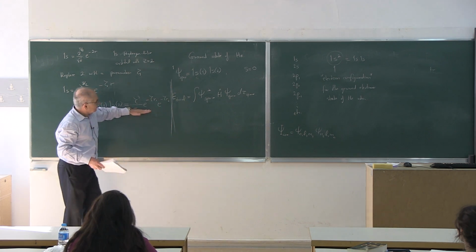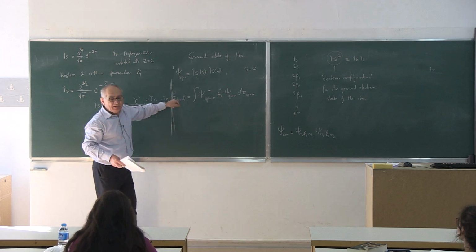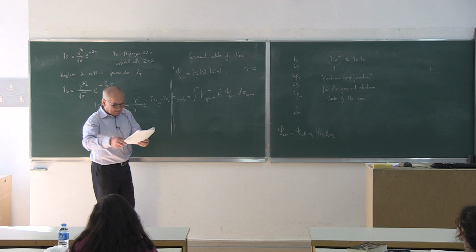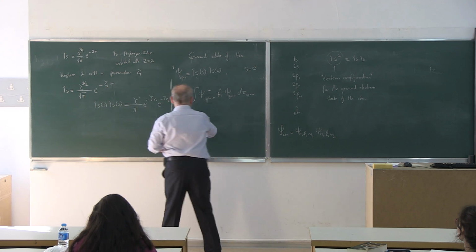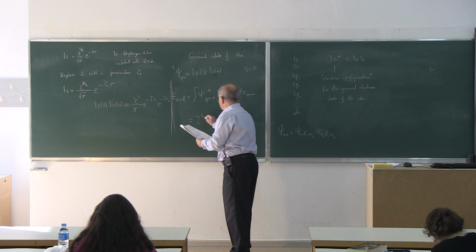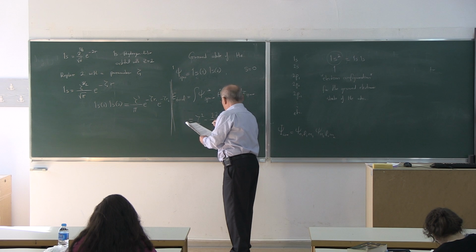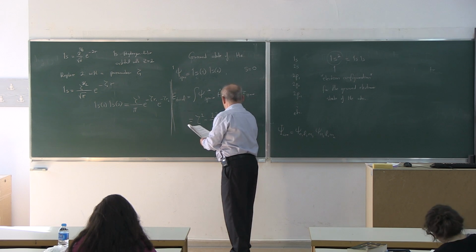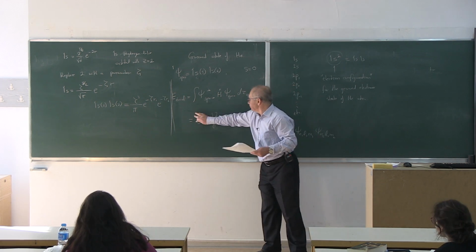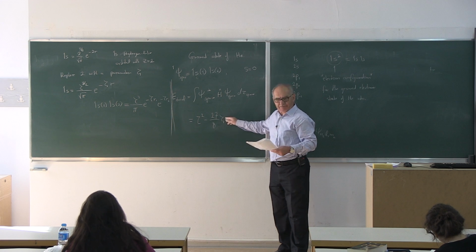Then this expression is substituted into this integral. Integration is done, and the result of integration is zeta squared minus 27 over 8 zeta.